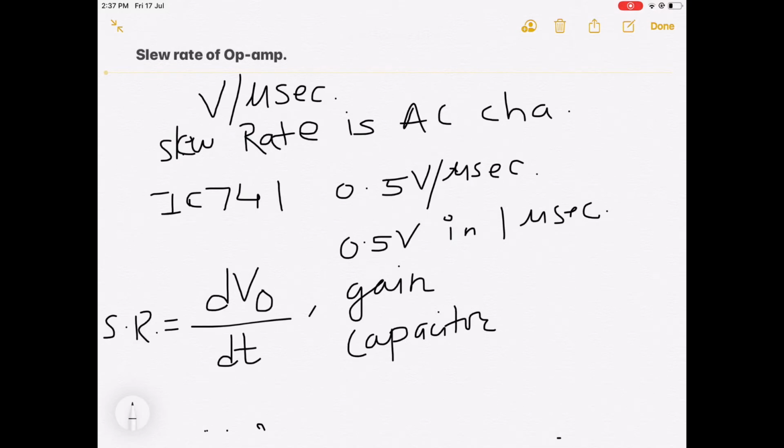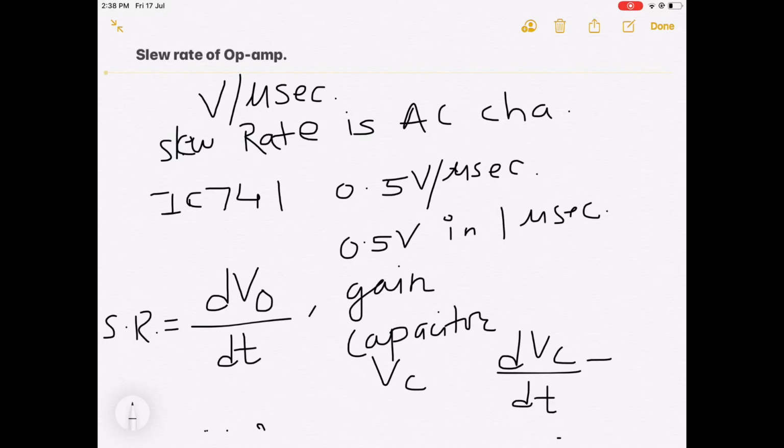So, a capacitor within or outside the op-amp is required to prevent oscillations, and this capacitor restricts the response of op-amp to a rapidly changing input signal. So, the rate at which the voltage across the capacitor, written as Vc, increases is given by dVc by dt.